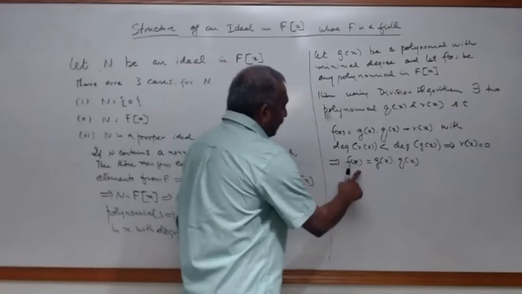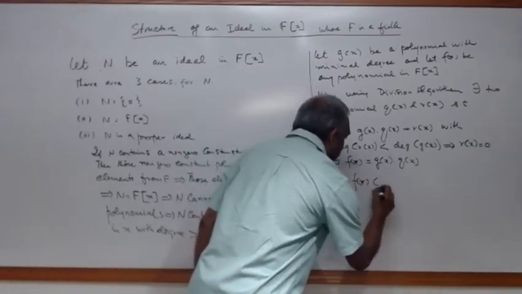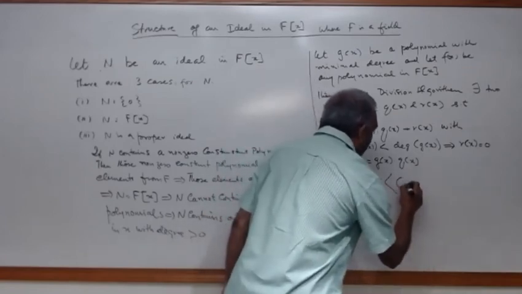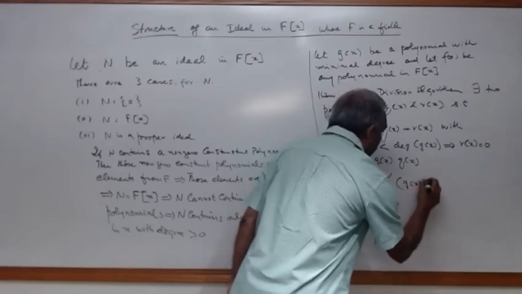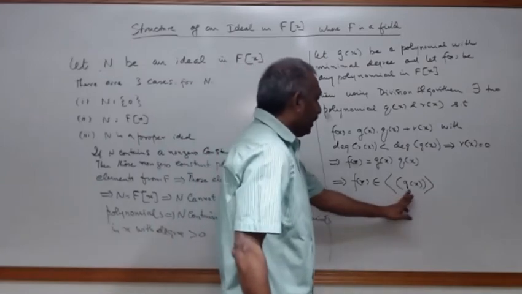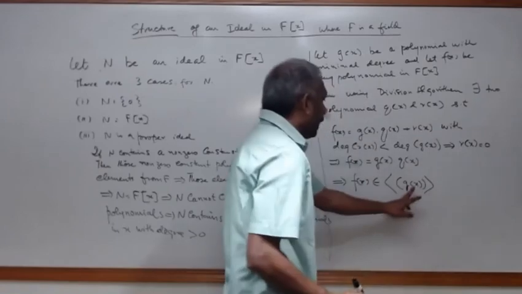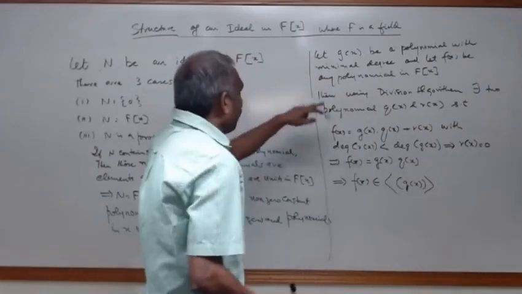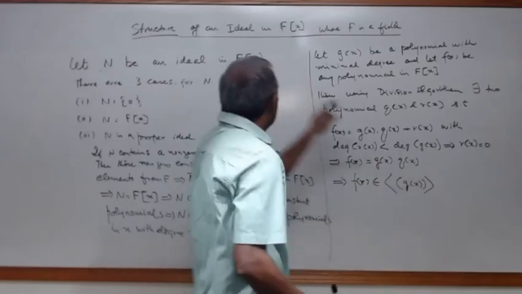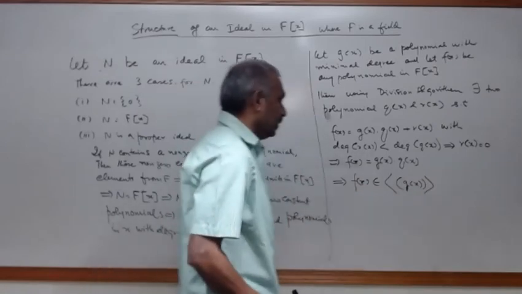What does this mean? This means that f(x) belongs to the principal ideal generated by g(x). How do you generate a principal ideal from g(x)? Multiply every element of F[x] by g(x], and this is an element from F[x]. So f(x) belongs to <g(x)>.